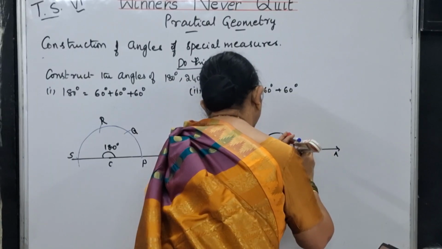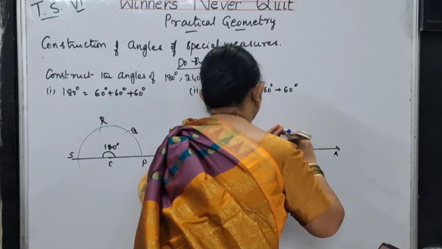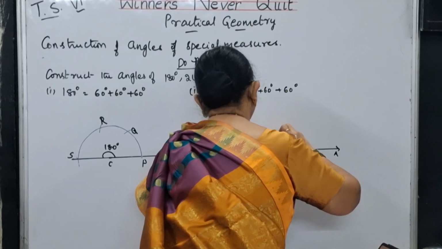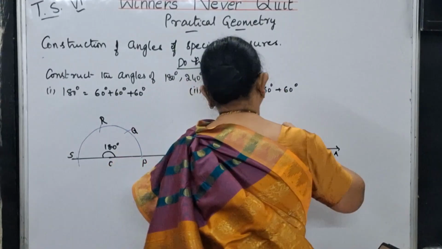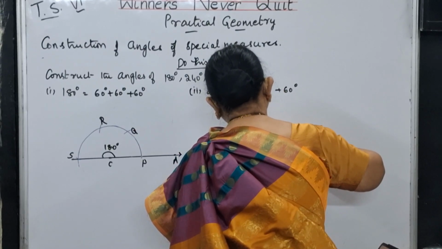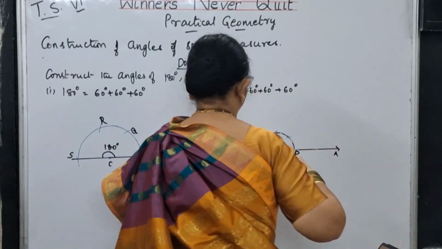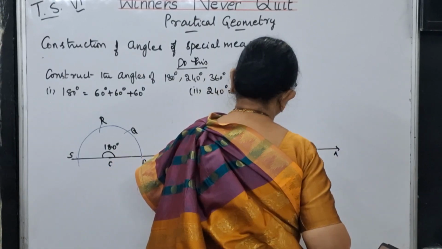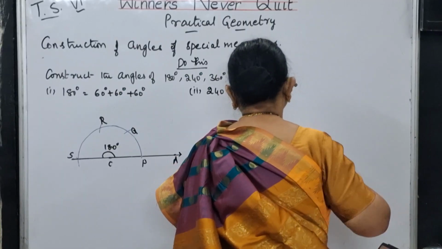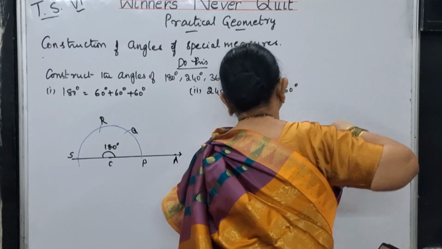So you have to draw one arc here. Again, from this another arc, and with this as center, another arc, and another arc.